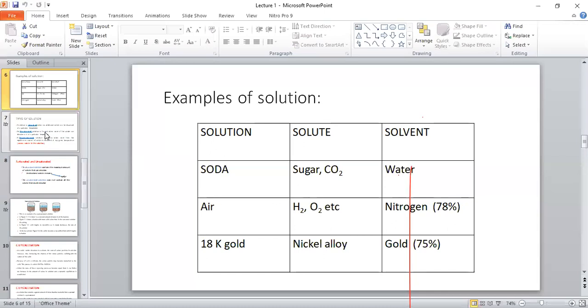You have 75% gold, and then you have 25% alloy. If you want to ask later why it is 18 karat when it is 75% gold, you can ask me later. But let's go on with our lecture.